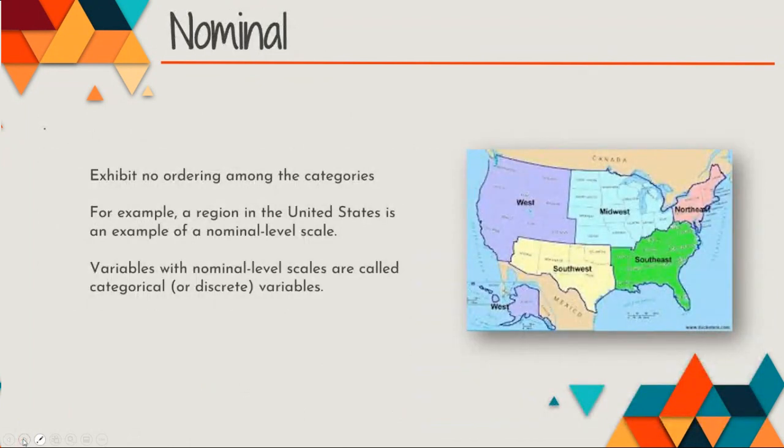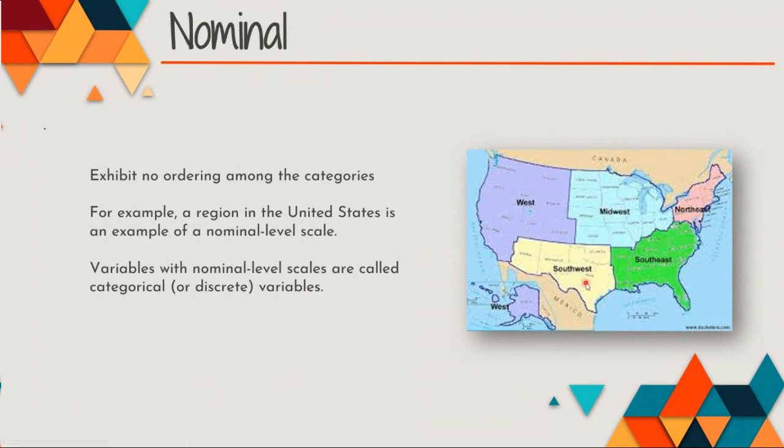So nominal are those named variables. They exhibit no ordering among the categories. One example that you'll typically see within some kind of survey or measurement when you're asking demographic information may be, where do you live? Or where is the organization located? That's a question that doesn't exhibit any ordering among the categories.